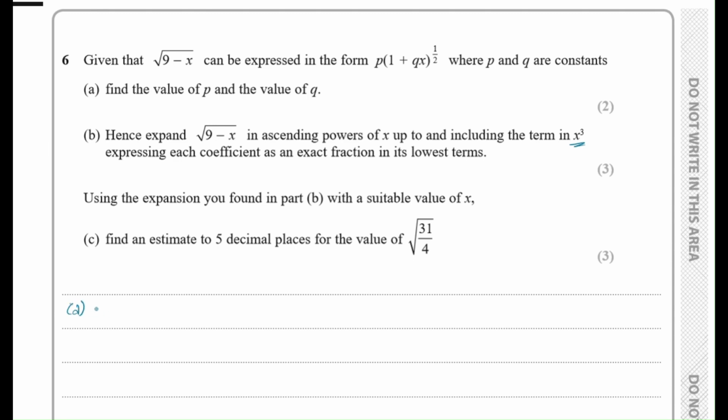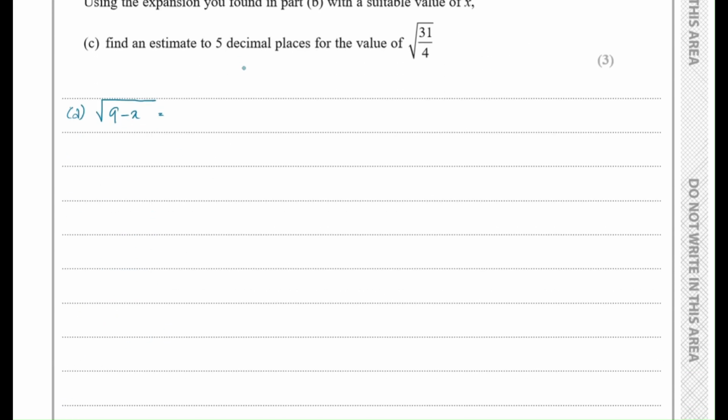So for part A, let me write down the expression at first. The expression is given to be (9 - x)^(1/2). If you look at the expression itself, it is in the form (a + bx)^d.